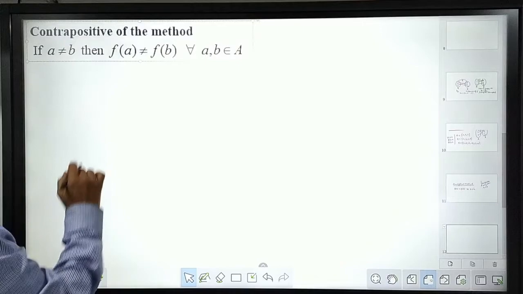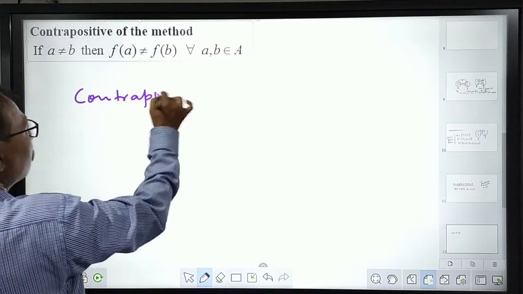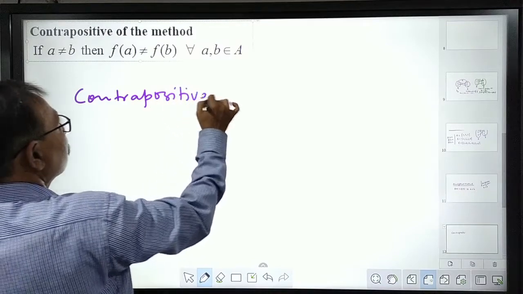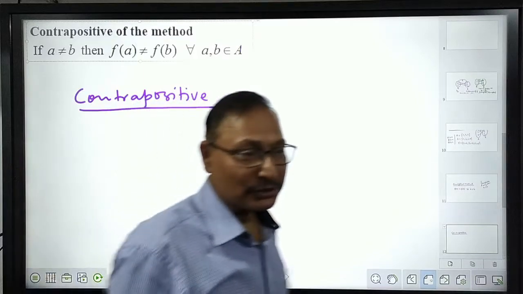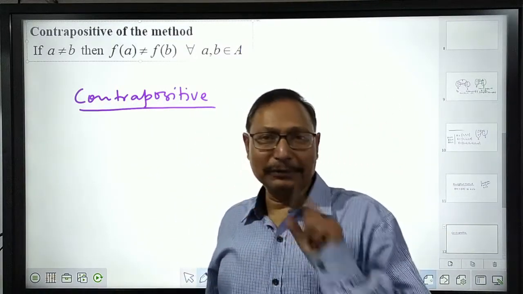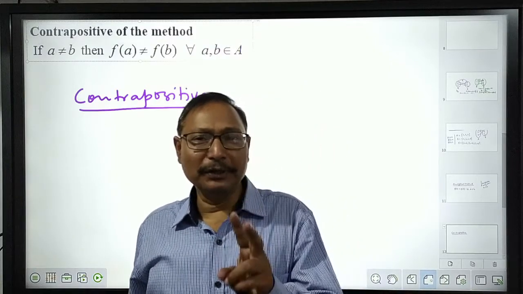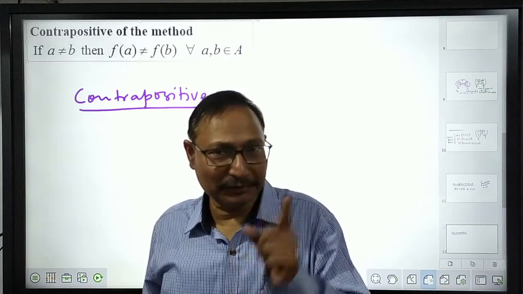This is termed as the contrapositive method, under which in the beginning we take two different elements. That means in the beginning we make sure ourselves that these two elements are different.